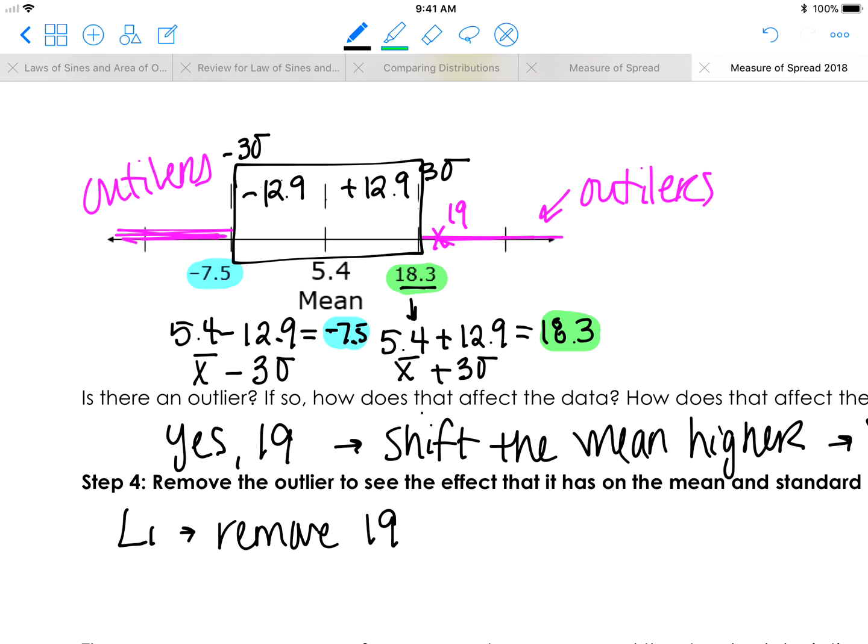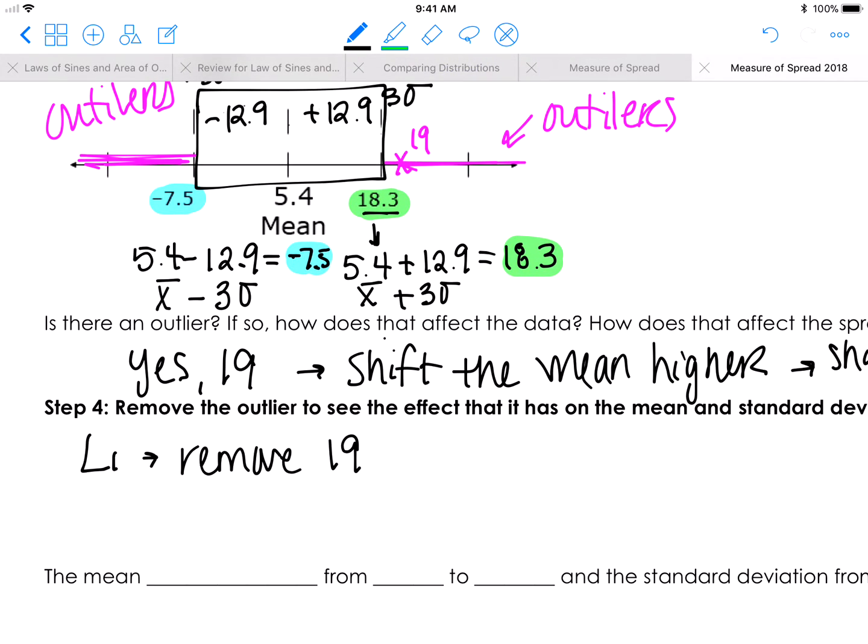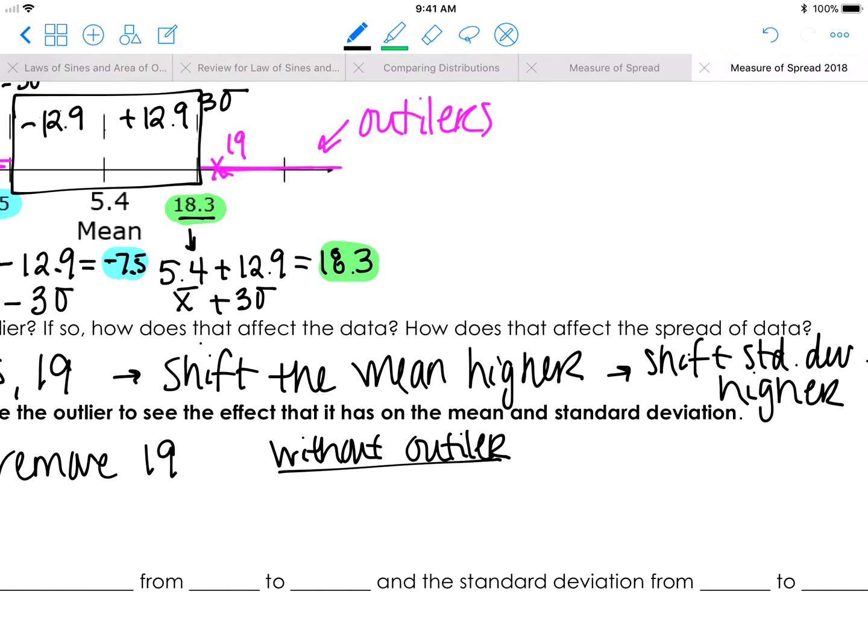If that means you have to type it all in again and just not put 19, then so be it. Go do it. Let's figure out what our data looks like without the outlier. Pause if you need to.